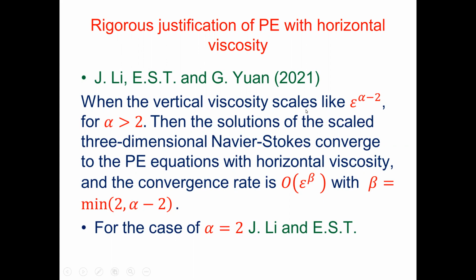So this is when the viscosity scales like epsilon to the alpha minus 2 instead of epsilon squared. Sorry, there's a typo here, alpha equals 4. When alpha equals 4, that's the result with Jinkai Li. So this is a different thing, and therefore you get a different convergence rate. Again, this just appeared in the Journal of Differential Equations, and one can go to the details and see them either on arXiv or in the published version.